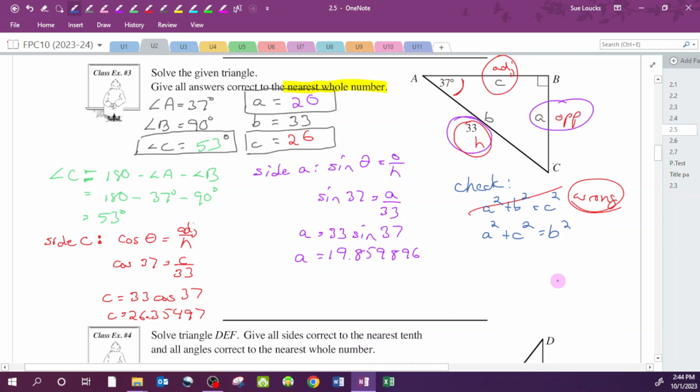Now, I'm going to do this calculation using my rounded values, so this is going to be 20 squared plus 26 squared, and that should equal 33 squared. If I do that calculation, I get 1076 equals 1089.